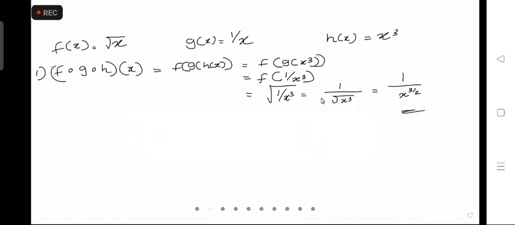So you can write down like this. So now if someone asks the value for the f h at 1, you need not apply 1 for x.